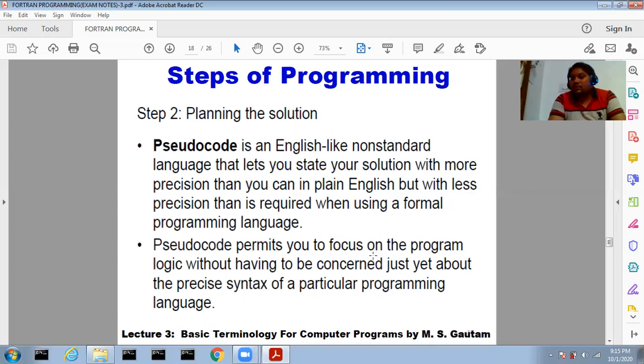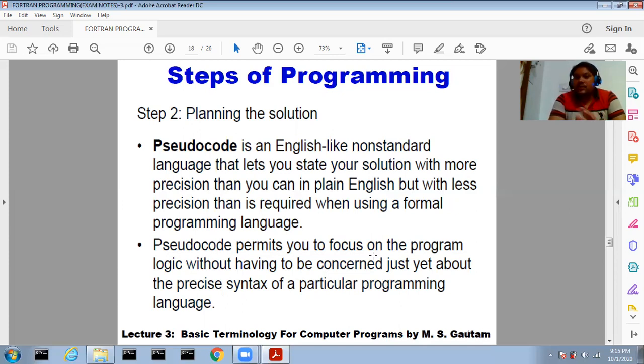Pseudocode means we are not using the syntax of a language. We are just focusing on the logic of the program. We will not follow the rules or syntax of a language.